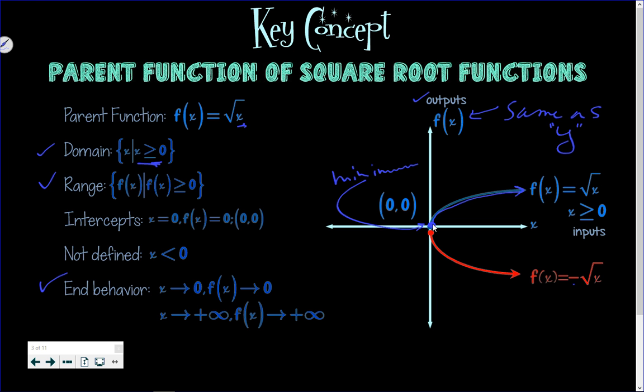So the smaller a is, the smaller the number in front, the flatter your line is. Does everybody understand? The higher the number is, then it does what? It widens. It expands. It grows vertically like this. Does everybody understand?